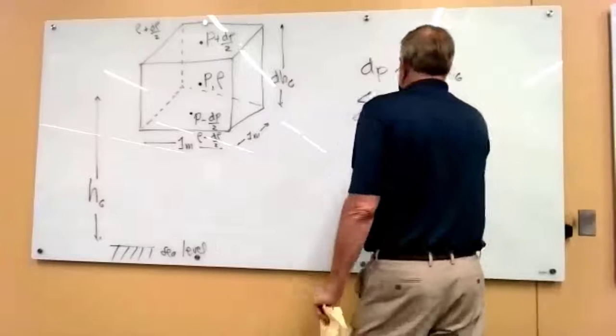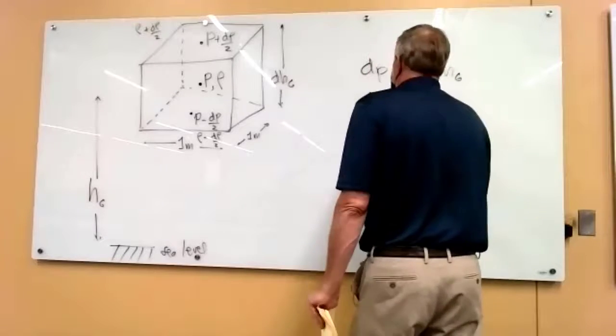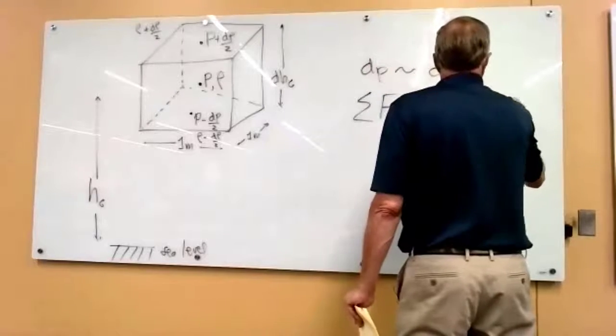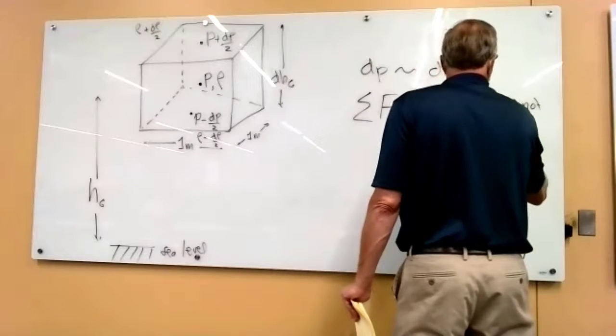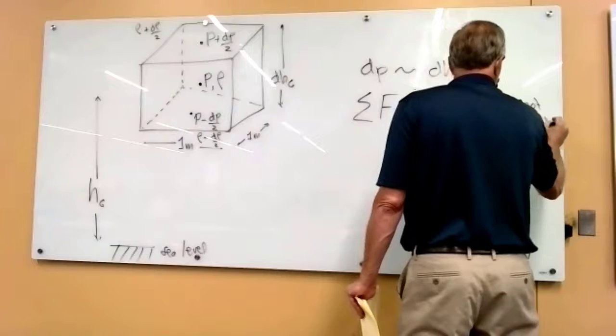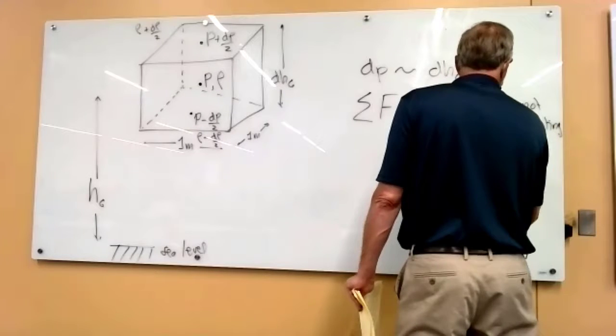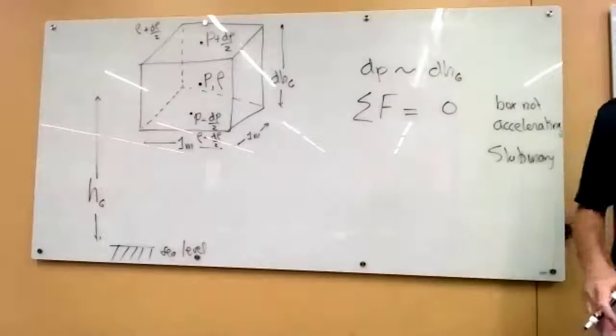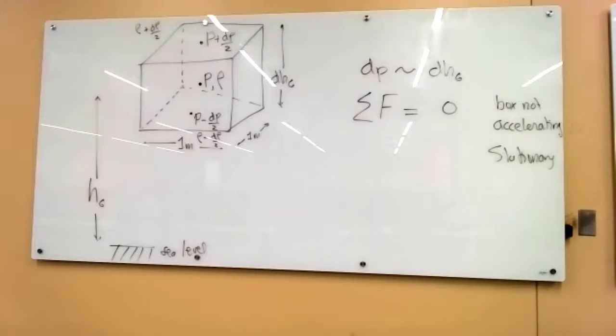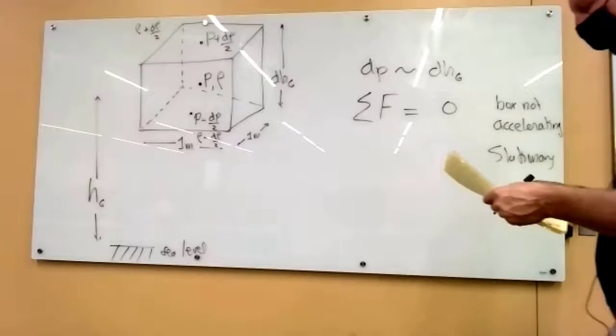And the sum of the forces has to be 0 because we're going to say that the box is not moving. It's not accelerating. In fact, it's stationary, because we're looking at the atmosphere. We're not saying that the wind's blowing, the air is not moving at all. We just want to know what a static atmosphere does.